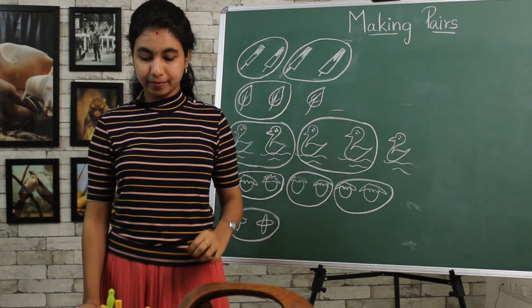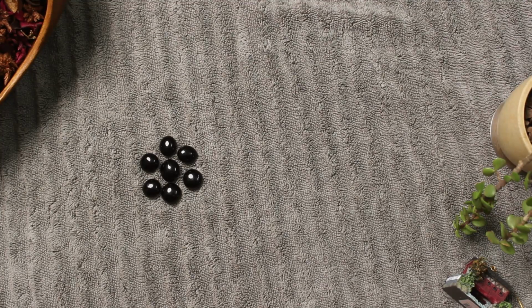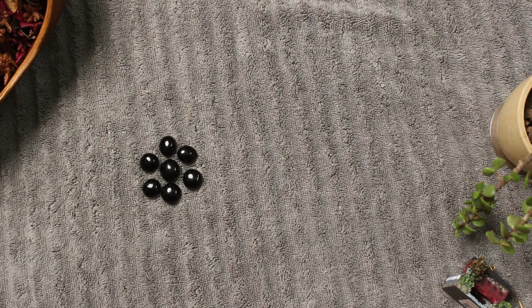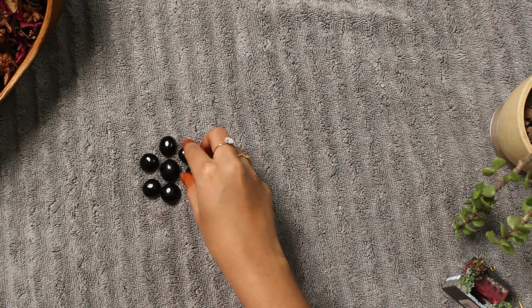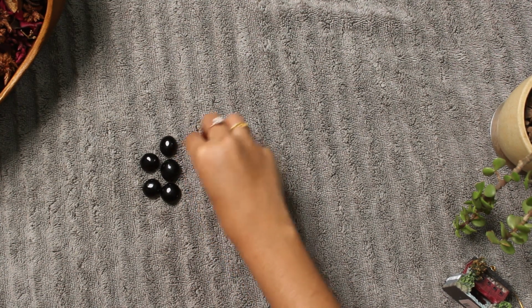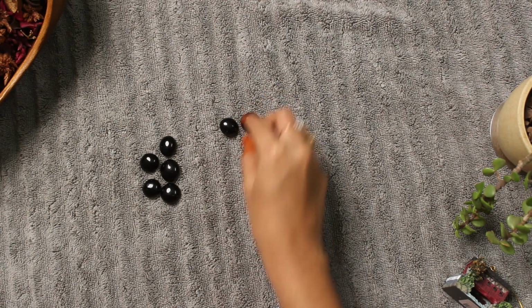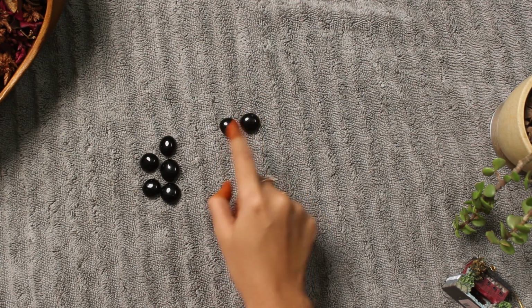Okay. You know what is a pair, which means two things that are similar to each other, you call it as a pair. Now come on, let's pair these stones. You need to have two things, right, to make a pair. So 1, 2.